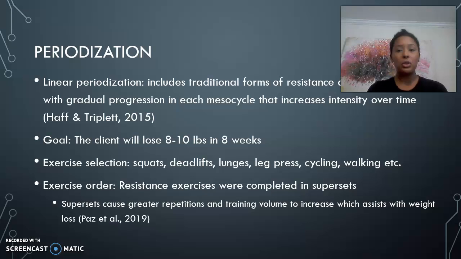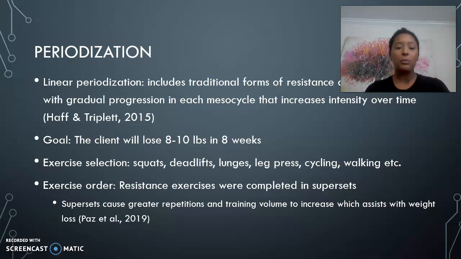Once we chose the goal, I chose the exercises that I wanted him to focus on. I wanted to focus on adding aerobic exercise throughout the entire program, as well as increasing his lower extremity mobility. Within his resistance exercises, we focused a little bit more on his lower body. With aerobic exercise, we did various aerobic type exercises.